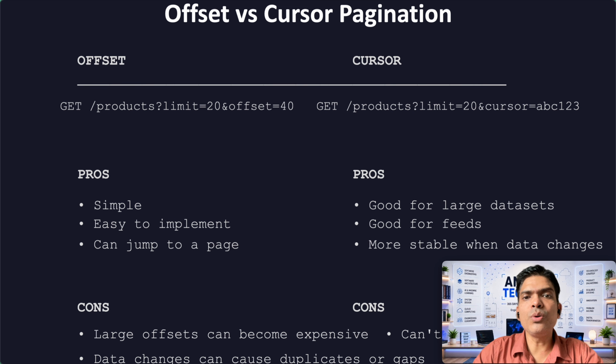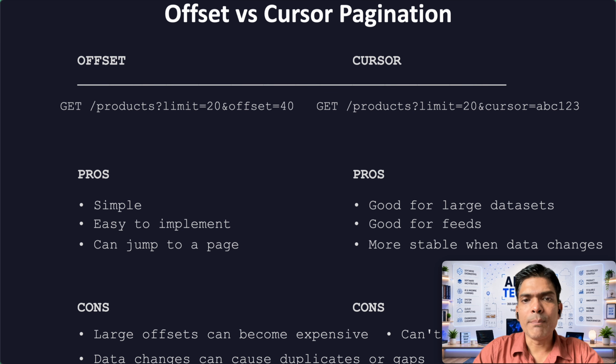Now, let's look at two important approaches, offset pagination and cursor pagination. With offset pagination, we tell the database how many records to skip and how many records we want. For example, an offset of 40 means we skip the first 40 records and return the next 20.